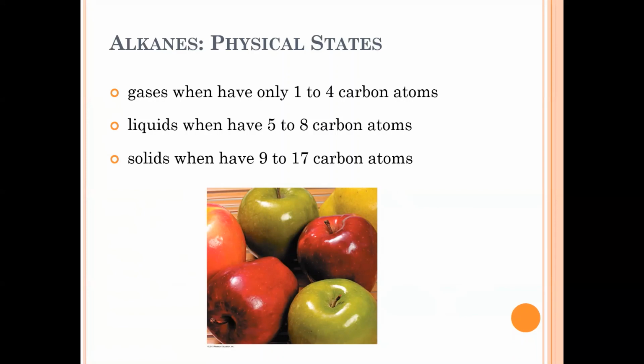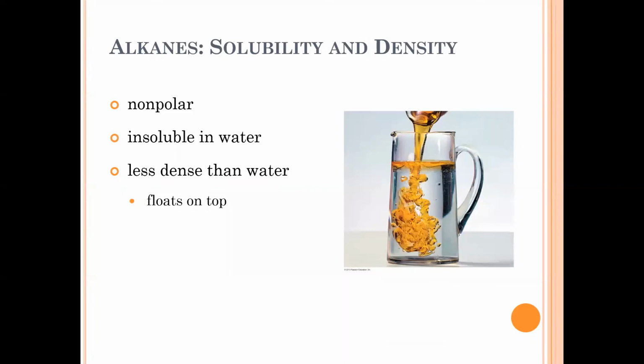The octane that's in your gas, well, that's 8. So think of octane for liquid. When we get into solids, any alkane that is 9 to 17 carbons long is usually in a solid form. So there we go, 1 to 4, gas, 5 to 8, liquid, 9 and above, solid.